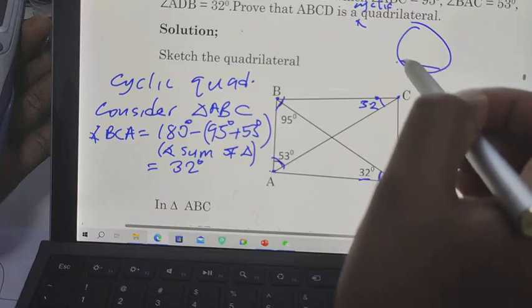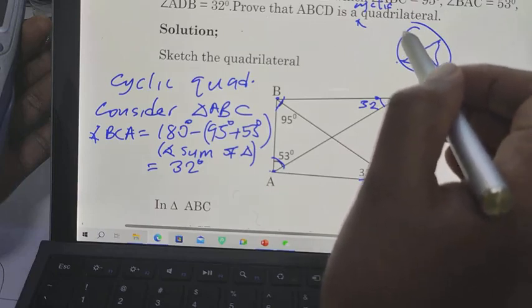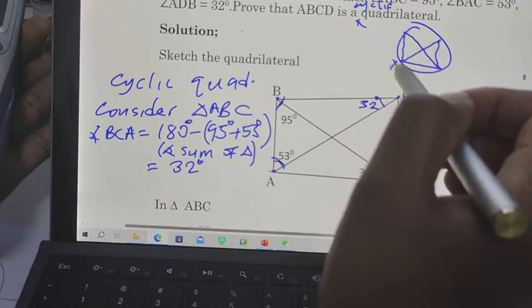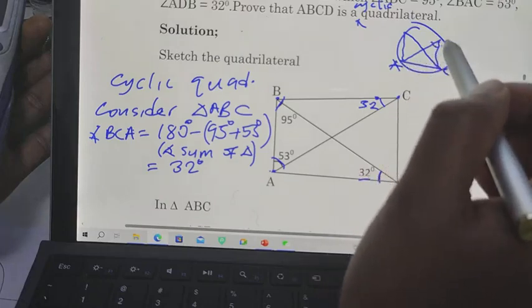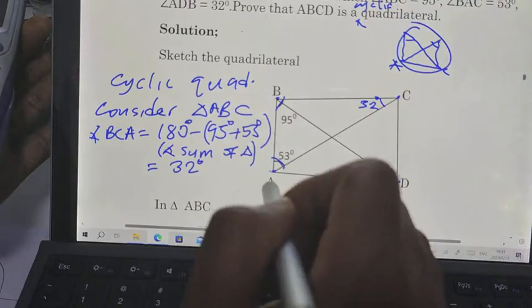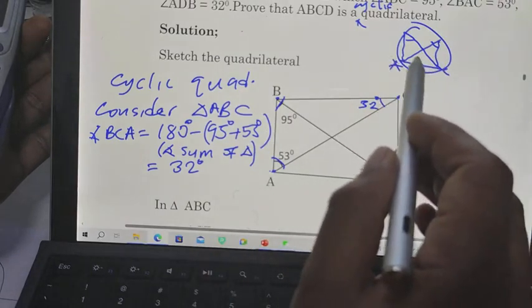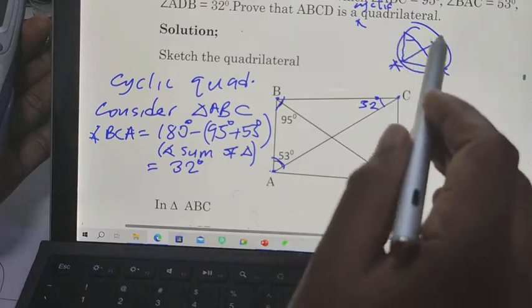We say that angles subtended by the same arc are equal. So we have AB and AC.